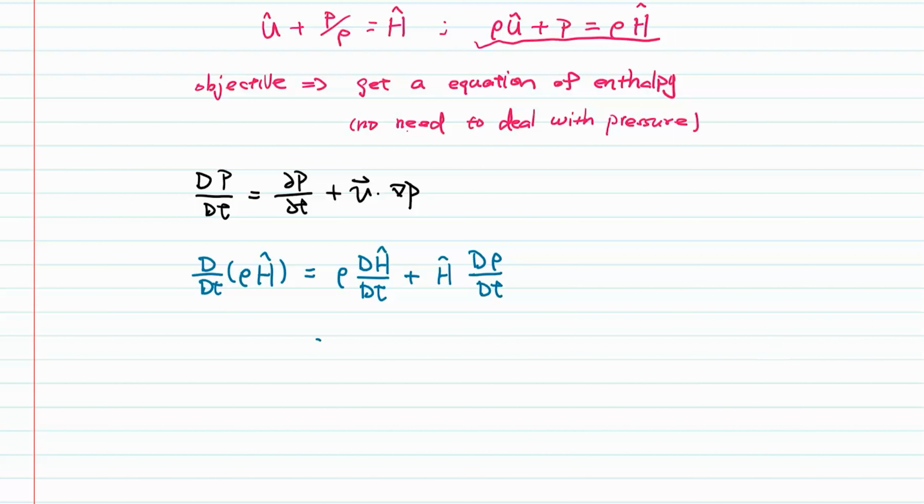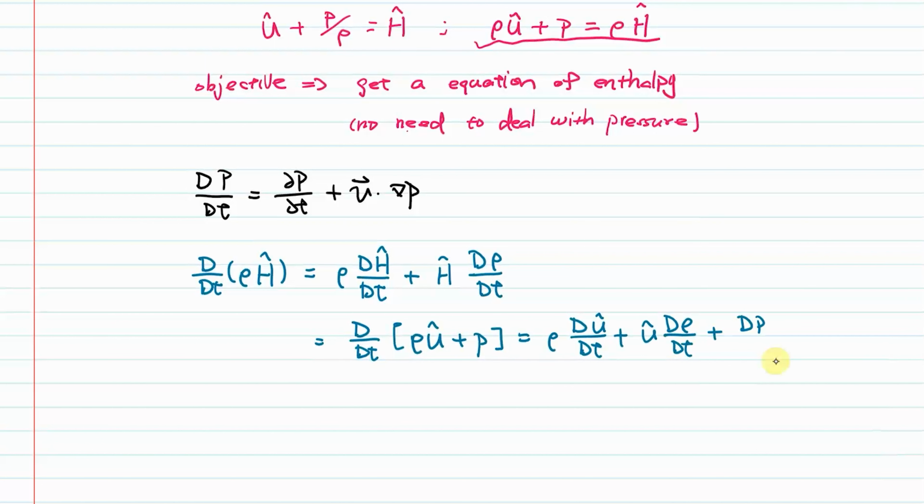And this equals D/Dt of (rho u plus p), which equals rho Du/Dt plus u D rho/Dt plus Dp/Dt.